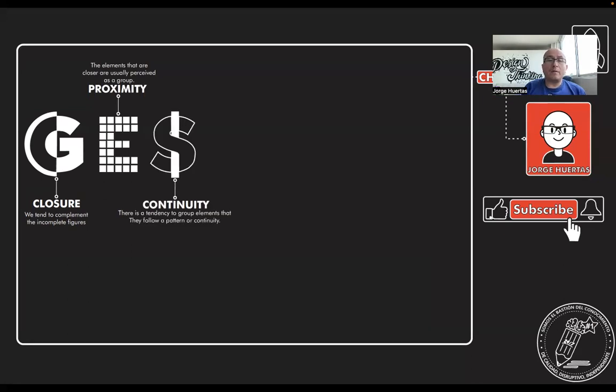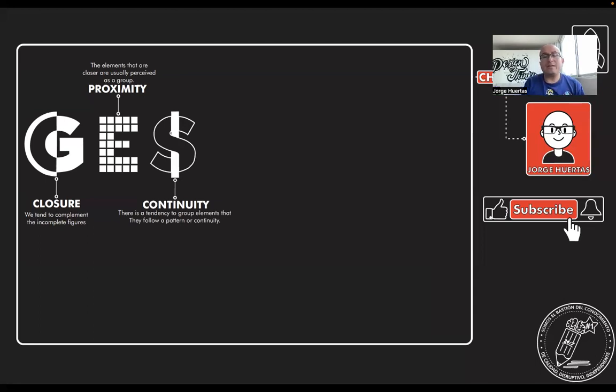Then we have the law of continuity, a tendency to group elements that follow a pattern of continuity. Here you see the letter S. However, there is a line crossing the letter S, so we see a different volume, and actually different parts.